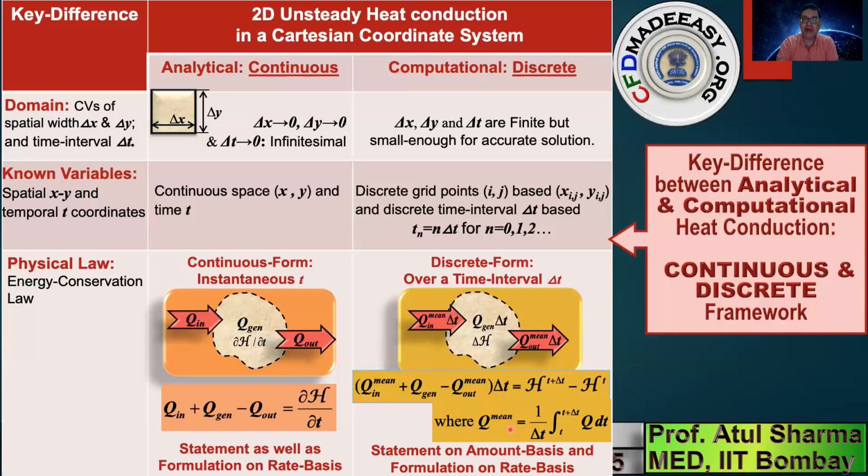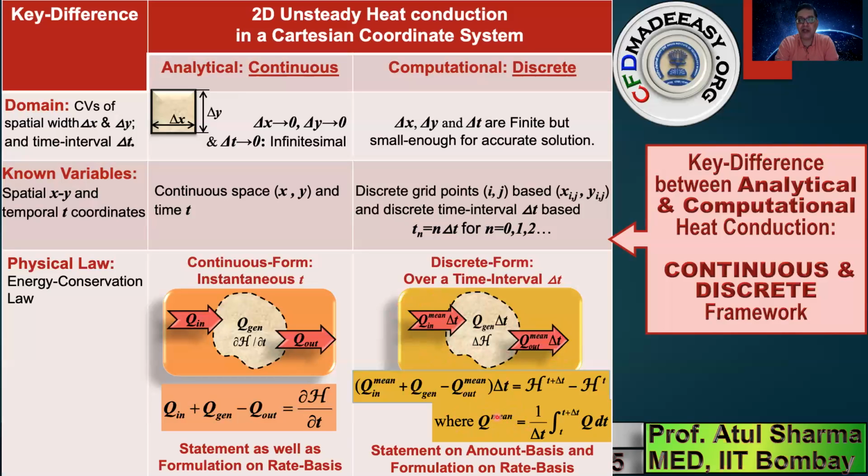So to calculate the amount of heat which is entering or the amount of heat which is leaving, we do some approximation. Mathematically, right now I am not using the approximation; the approximation I'll use later.